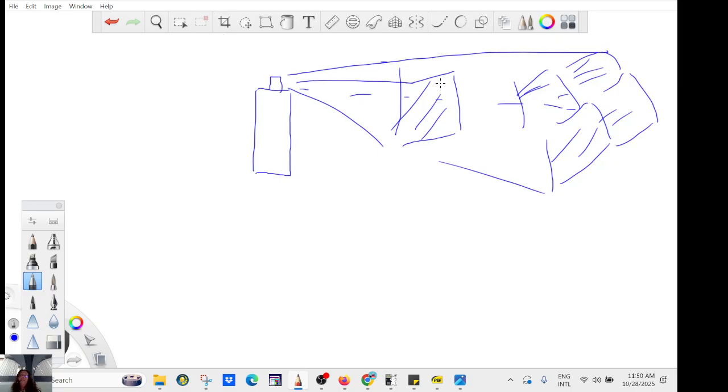Not bad. And this is healthy butter. No. Just for the experiment, right? This is not healthy.